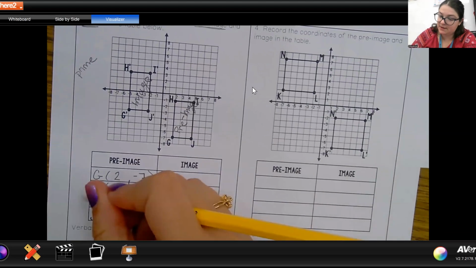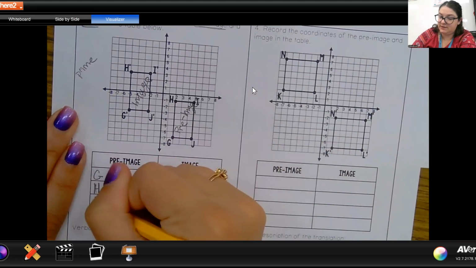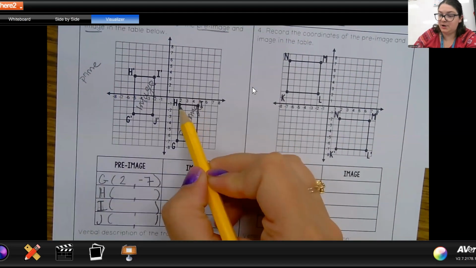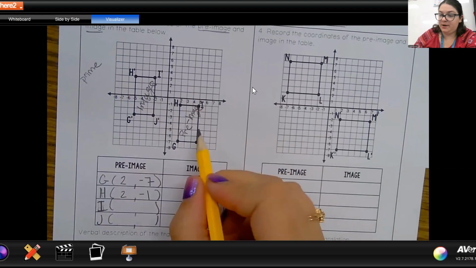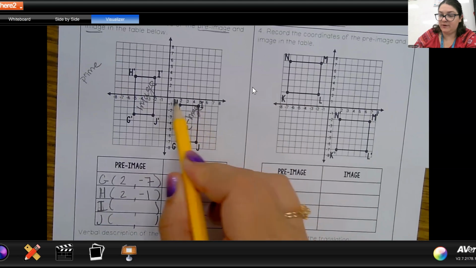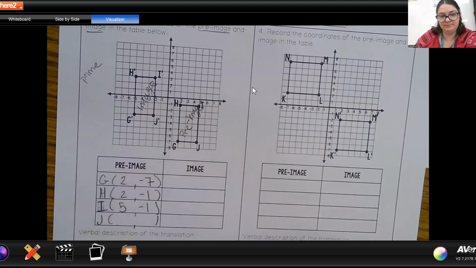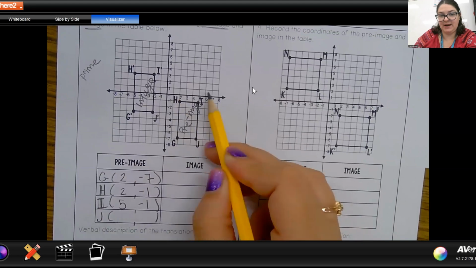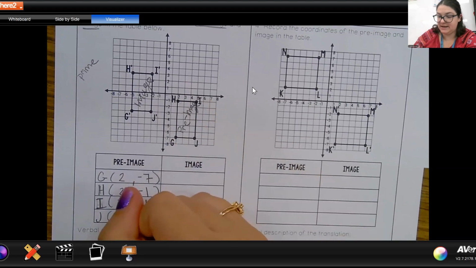Nope, I mixed up my H and I. This should be H, then I, then J. Okay, H is here. I went over 2 and down 1, so this point is 2, negative 1. Our point I is over 5 and down 1, so this is 5, negative 1. Now point J down here, we went over 5 and down 7 to get to J, so this is 5, negative 7.